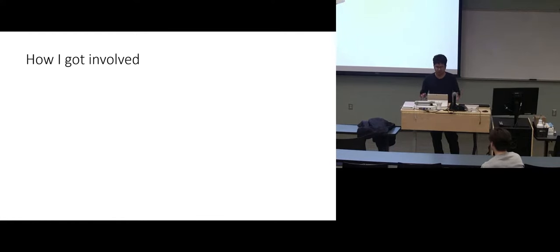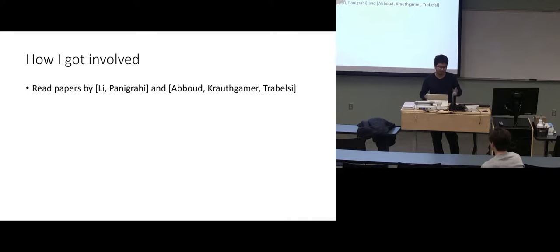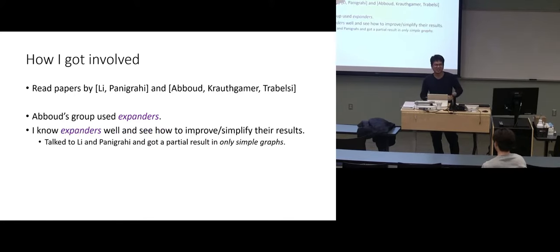So how can this happen? What happened is that I try to read papers all the time, and it turns out that this group of people tried to do something about the Gomory-Hu tree, but they used expanders, and I know them well, so I immediately saw how to simplify it a bit and improve it.